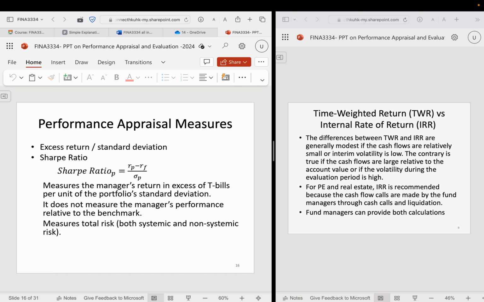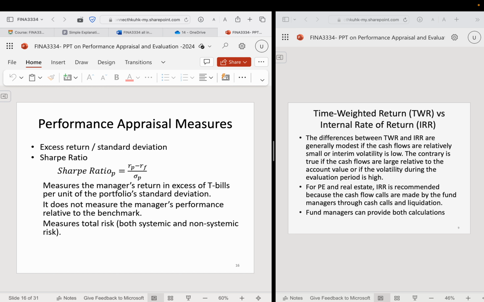If you want to achieve higher than the market return, you have to take exceptional volatility. So this is the more commonly used ratio to calculate whether the portfolio is good or not.